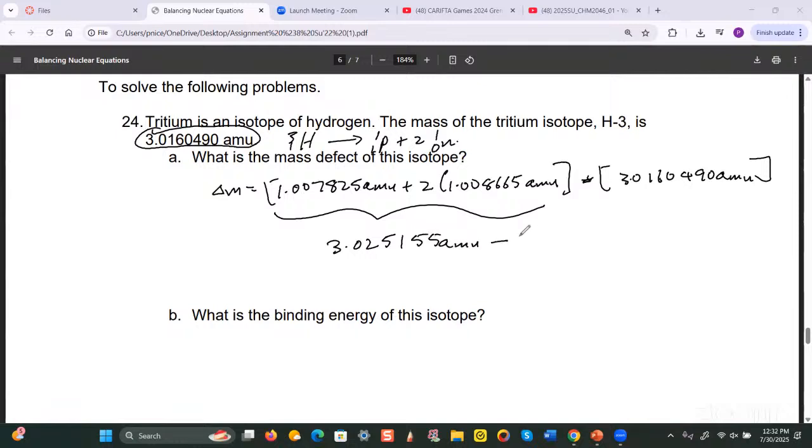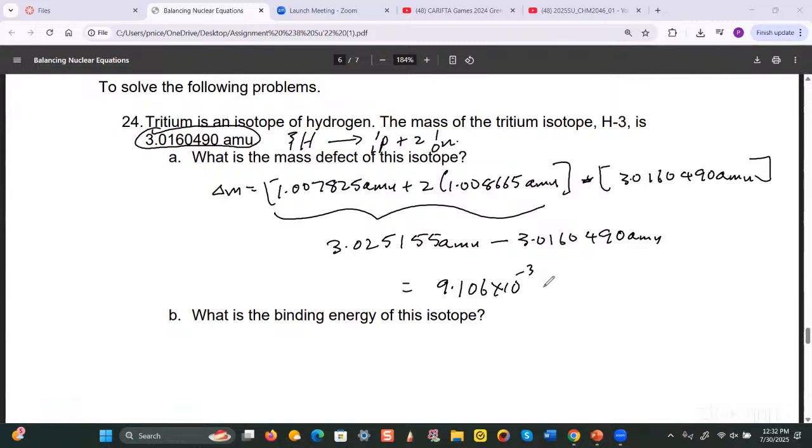And we're going to subtract from that 3.016049 AMU. So let's see what that gives. So that minus 3.016049 AMU. So I got, so this is probably where I made the error if what you're telling me is true. I got 9.106 times 10 to the minus 3.